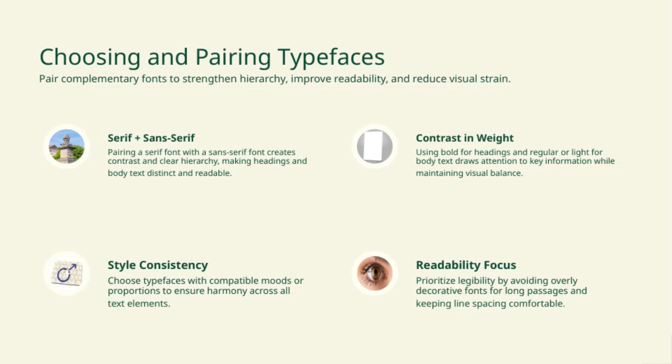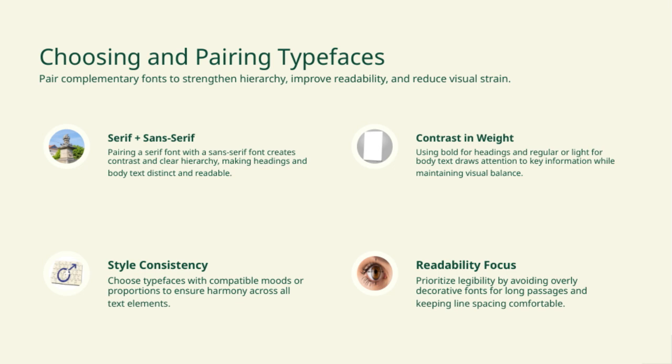When it comes to readability focus, my main goal is to ensure that all your text is easy to read. That means avoiding overly decorative fonts, especially for long passages, because they can be hard on the eyes. I also recommend keeping line spacing comfortable, so the text doesn't feel cramped or too spread out. Now, style consistency is key to creating a professional look.